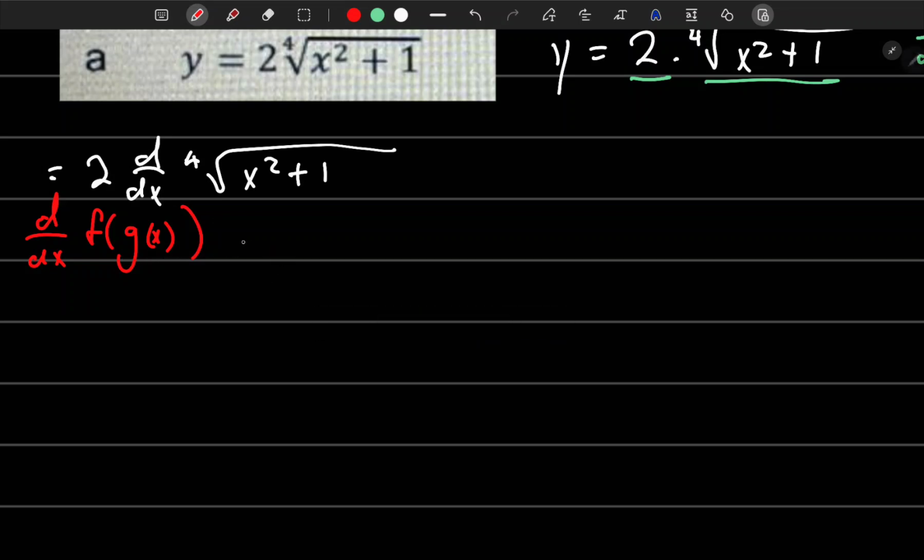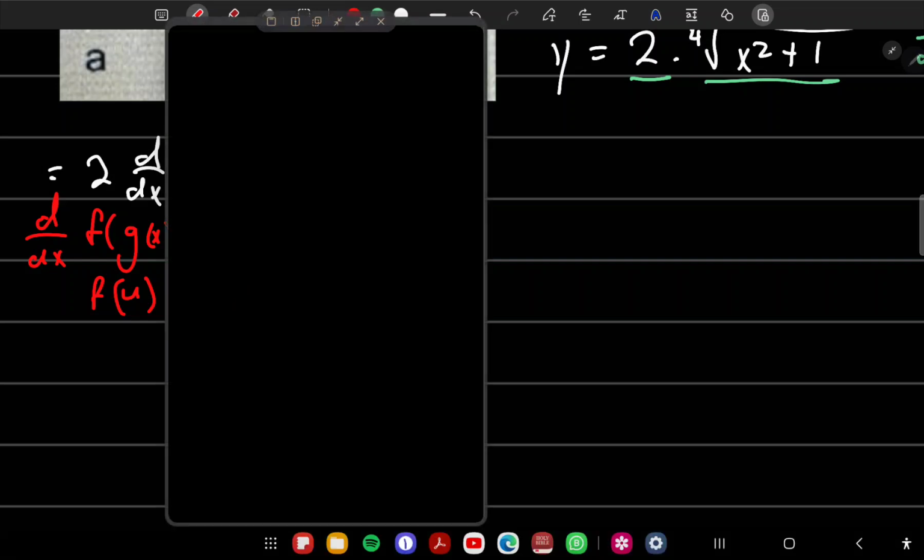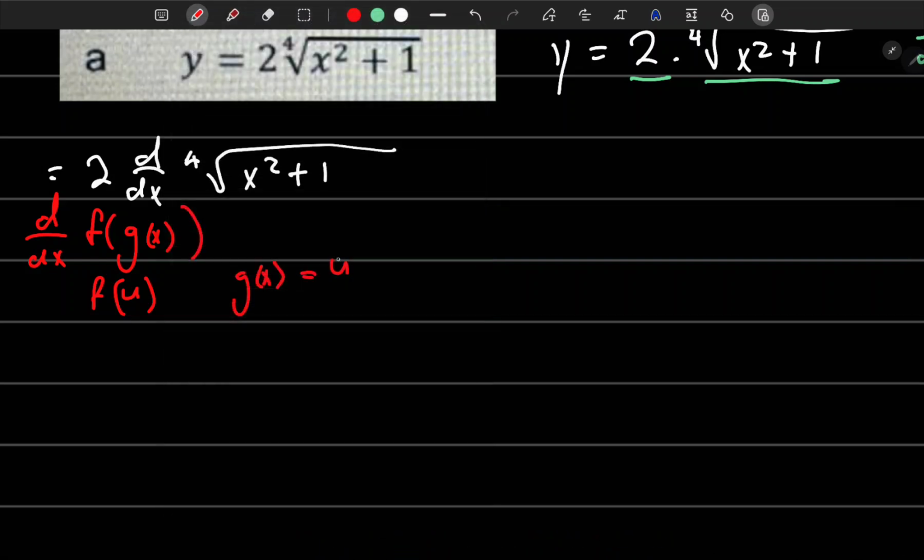Another way to write this is f of u, where g of x is represented by u. The chain rule then becomes d/dx of this equals f prime, the derivative of f, with input u, so the u doesn't change, multiplied by u prime. So this is the chain rule.